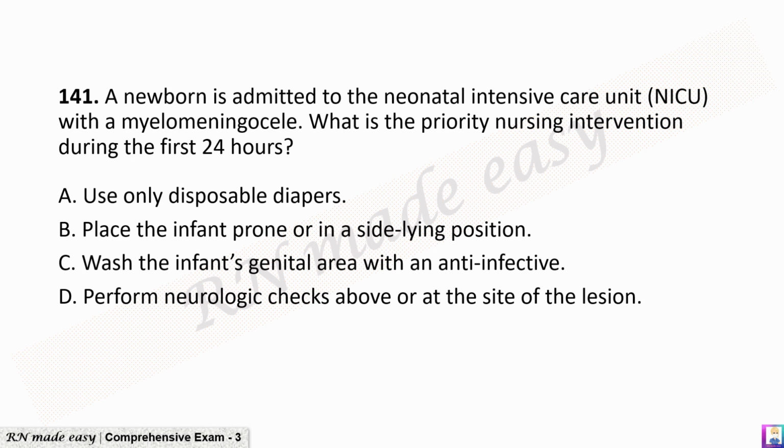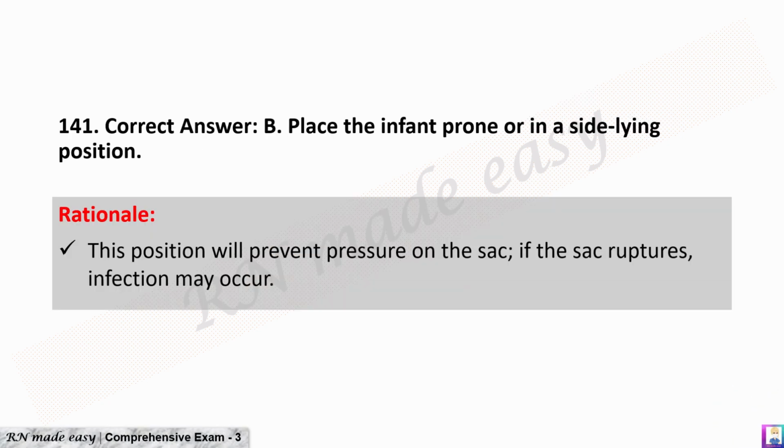D. Perform neurologic checks above or at the site of the lesion. The correct answer, B. Place the infant prone or in a side-lying position. Rationale. This position will prevent pressure on the sac. If the sac ruptures, infection may occur.